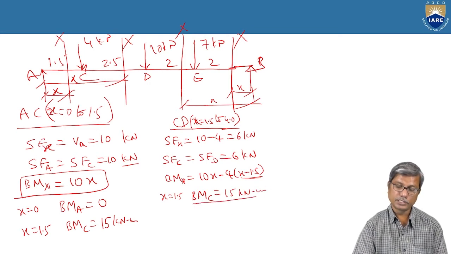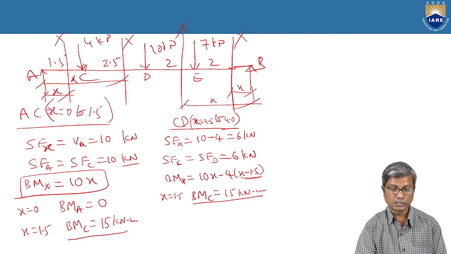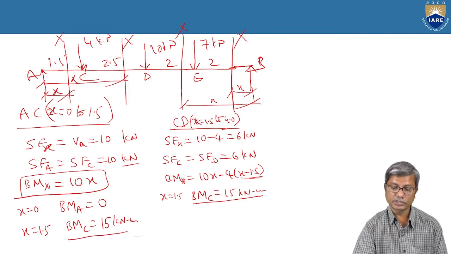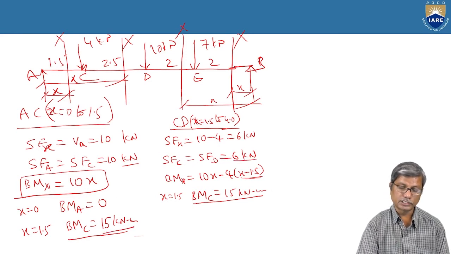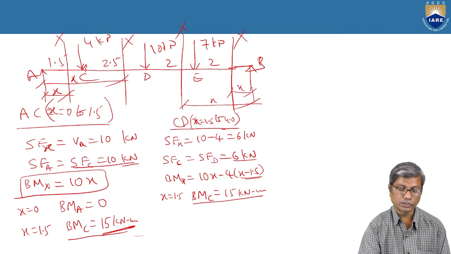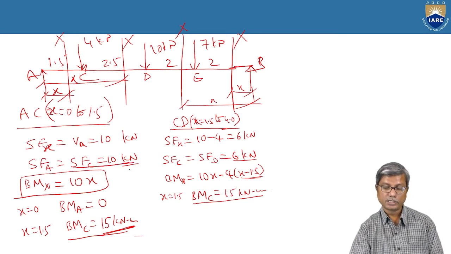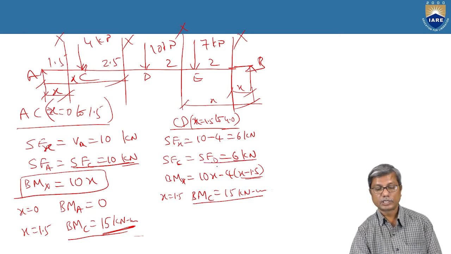If you observe here, bending moment at C, considering the CD portion and considering the AC portion, will be the same. But shear force at C is not the same. Shear force at C, considering portion AC, is 10, and considering portion CD is 6.